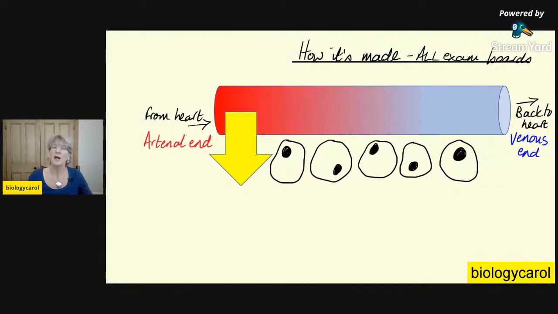It has a high blood pressure. At the venous end, the blood pressure is very much lower because the blood has had to pass through those tiny capillaries, and the resistance of the blood going past the walls of those capillaries is really quite high, which is why the blood pressure decreases so dramatically across the length of a capillary.